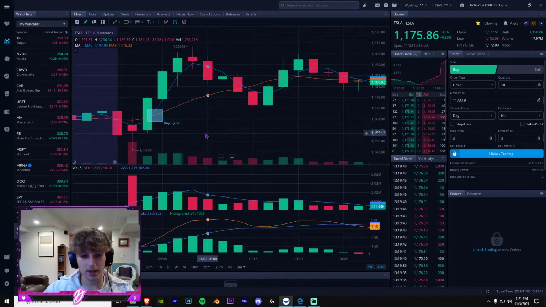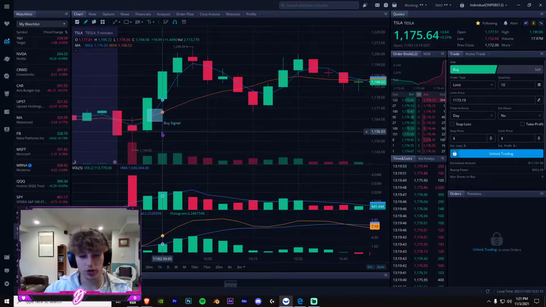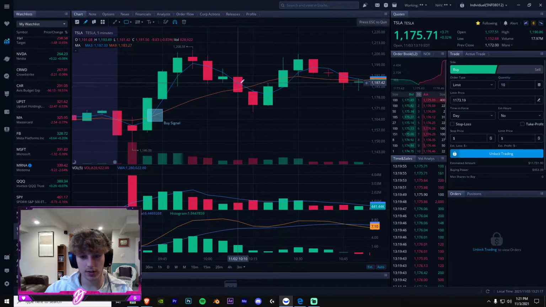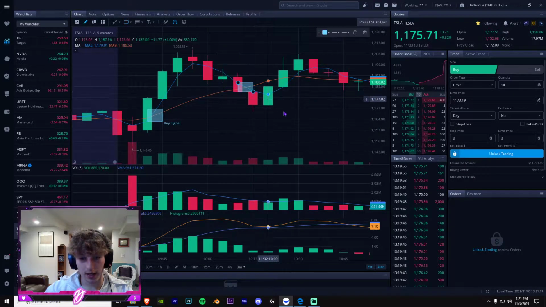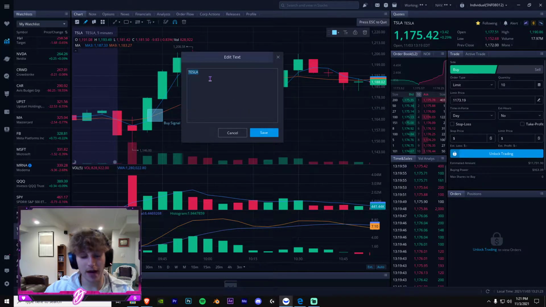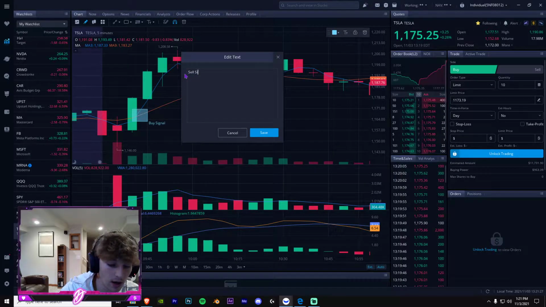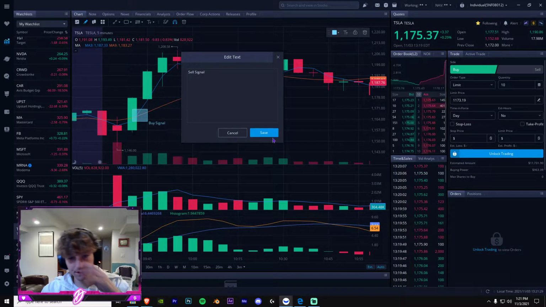And basically, I don't use this for actual trading, because if you look over here, this would be your sell signal, and your sell signal occurs when the faster moving average crosses below the slower moving average.